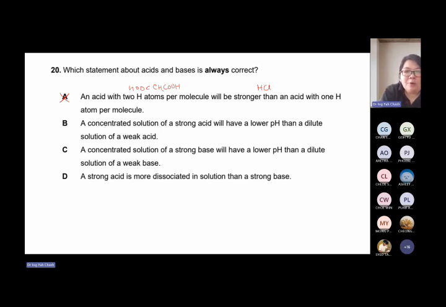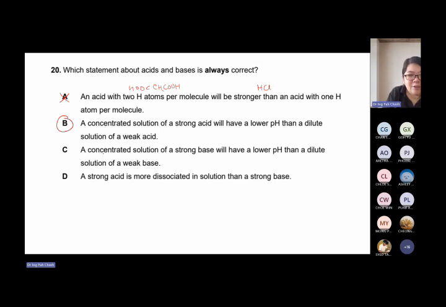Now we're talking about a concentrated one, so it will definitely have lower pH because the concentration of hydrogen ion will be higher. So B is always correct. A dilute solution of strong acid probably won't always have a lower pH than a dilute solution of weak acid, but a concentrated one definitely will.